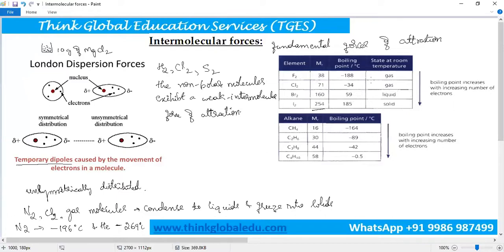When the number of electrons in a molecule increases, there will be an increase in the London dispersion forces in the molecule because of the increase in instantaneous dipoles in the molecule.